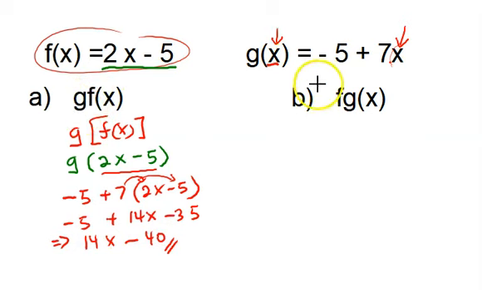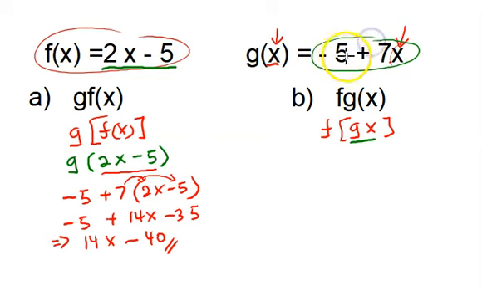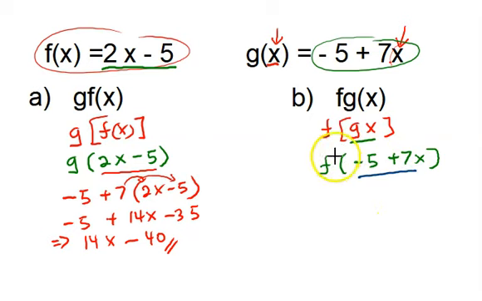Okay, so this is your answer for g f x. Now let us go to the next question, b, f g x. The same thing over here, we're going to put a bracket. Now the first question, what is your g x? g x is negative 5 plus 7x. Substitute it inside. Now you have to take this and substitute into this function, which is f.